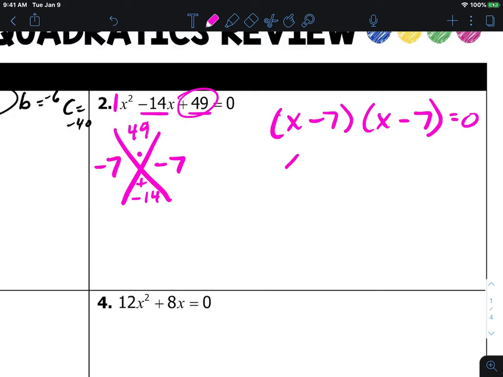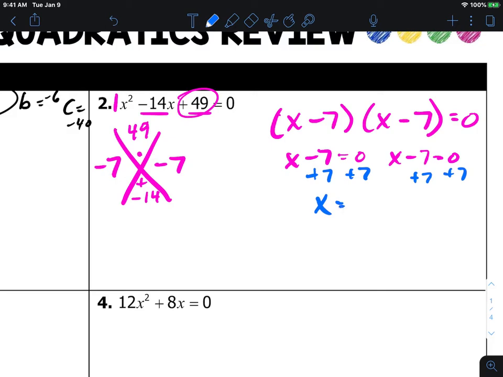And so this means our parentheses are going to be exactly the same. X minus 7 set equal to 0. So we only really need to solve one of these. What we're going to have is a repeating 0. And if you remember what that means in the what?